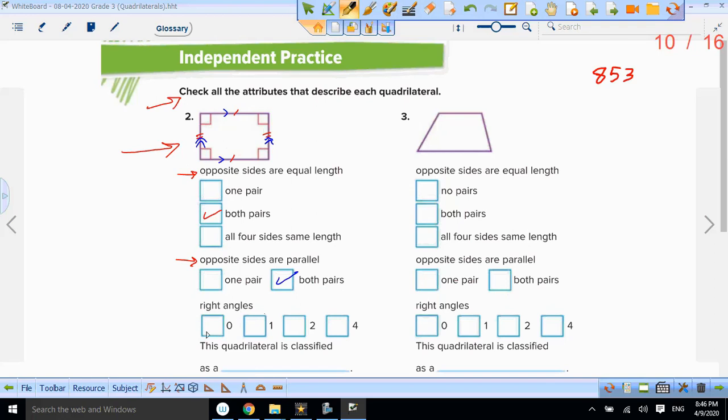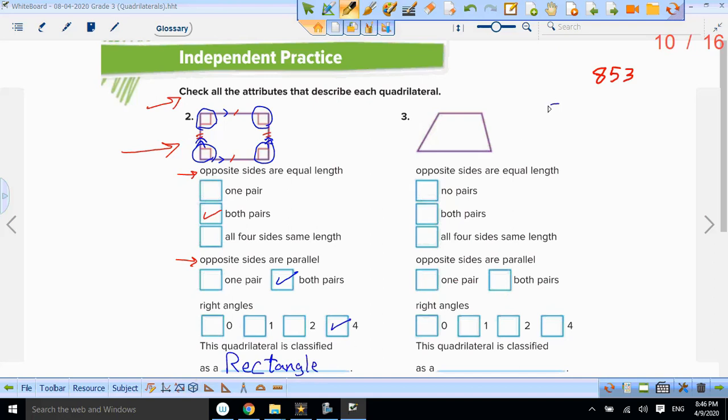How many right angles? 0 or 1 or 2 or 4? 1, 2, 3, 4. So we have 4 right angles. What is the name of this quadrilateral? Yes, these are the attributes of rectangle.